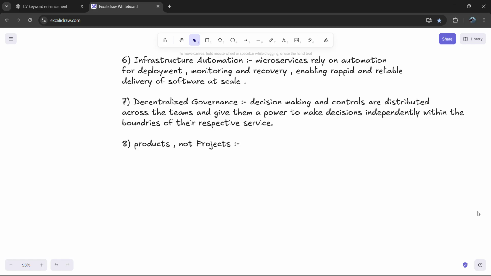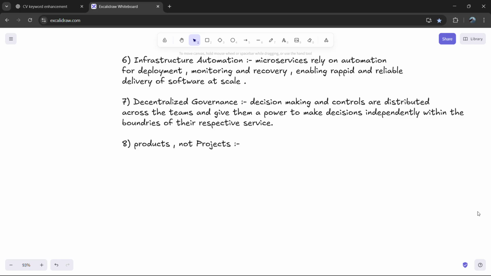In old style IT, software was treated as a project. A project starts, gets developed, and ends after delivery. But in service-based architecture, services are treated as a product. A product is a long-term asset that is continuously maintained, improved, and supported.